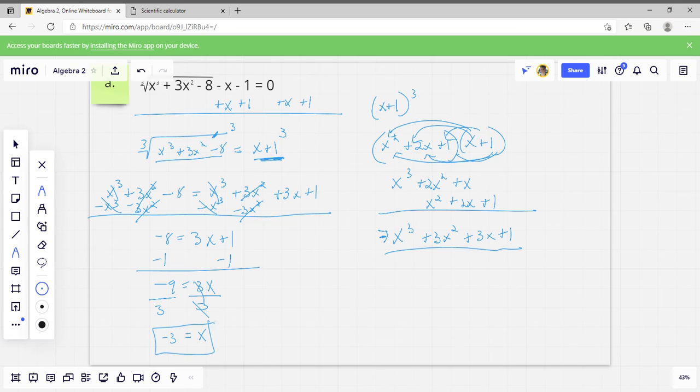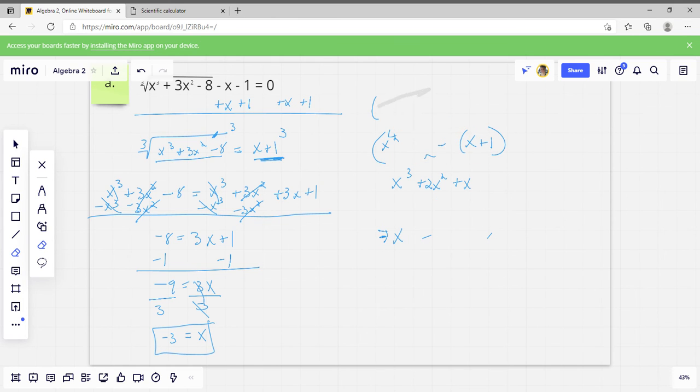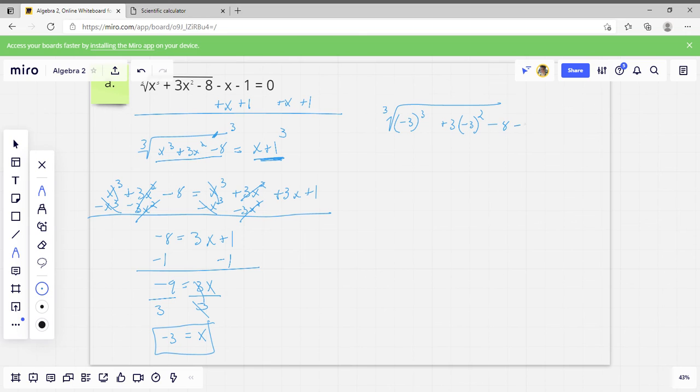Now we have to plug it back in to make sure. Plug that back in to make sure it works. So we're going to say the third root of negative 3 to the third plus 3 times negative 3 squared minus 8 minus negative 3 minus 1 equals 0.